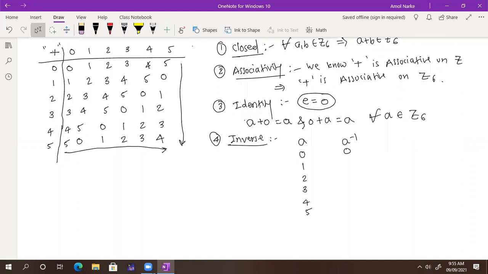Look at that table, that is why we draw that table. No, sir, -1 is not there. So only -1 is the possibility to have an inverse.